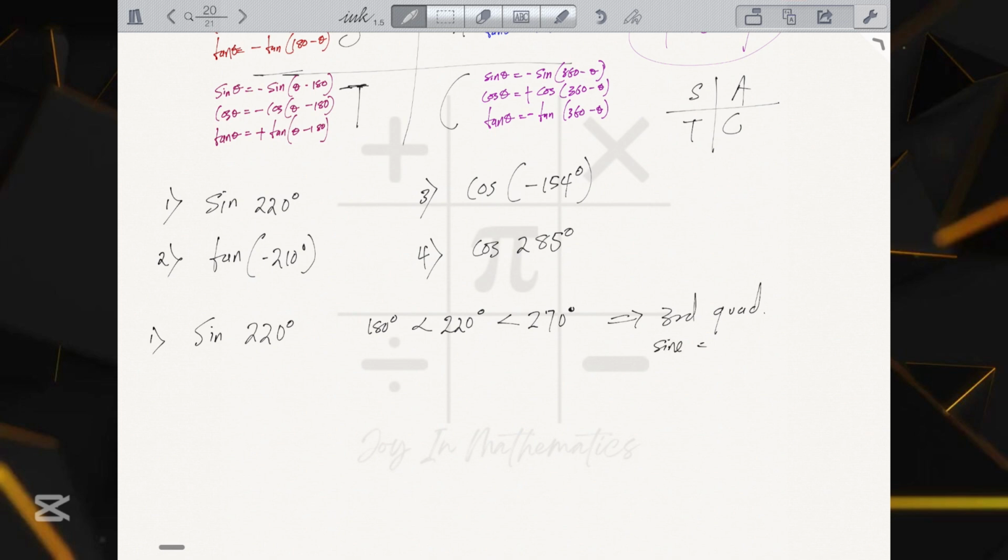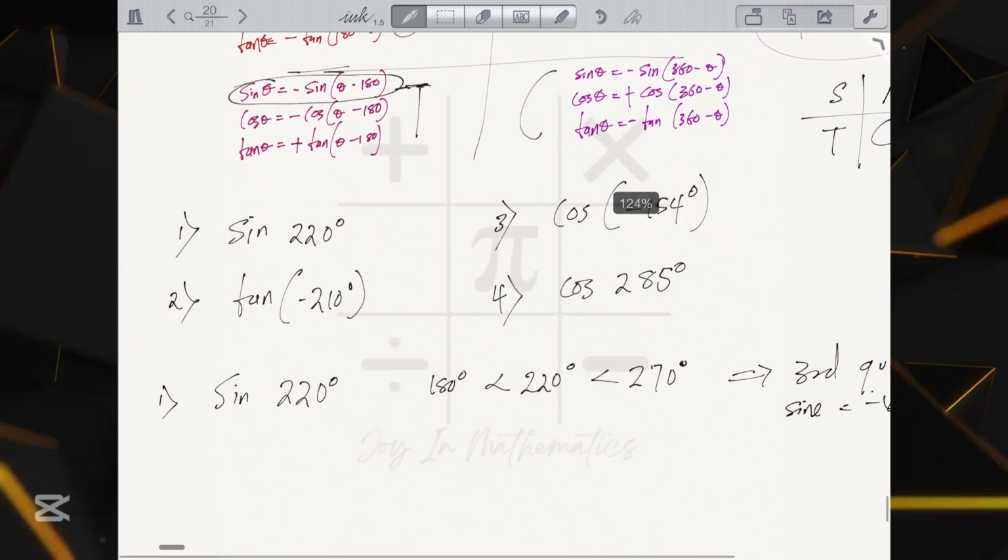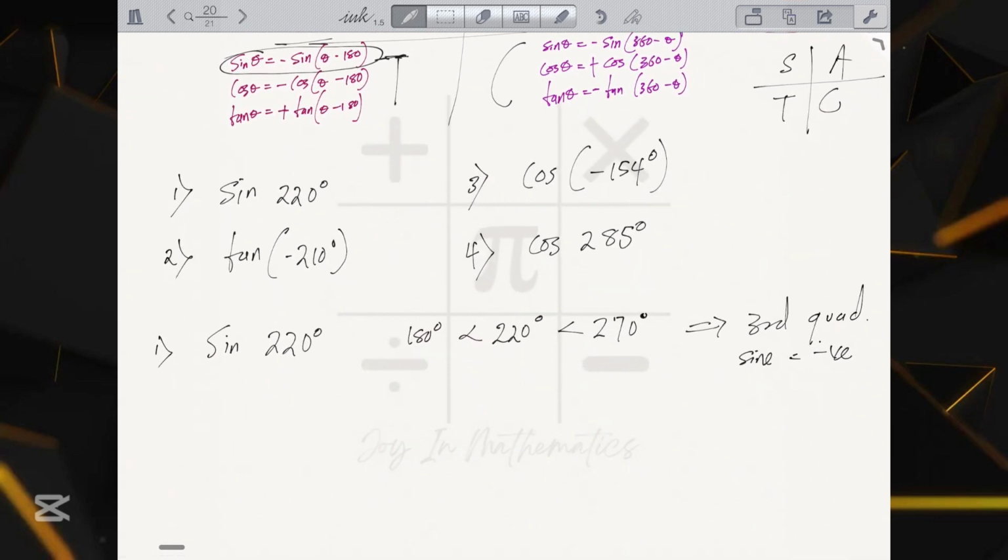sine is negative. So we simply have sine theta, this is the third quadrant, is equal to minus sine of theta minus 180. So let's apply that. Our theta in this case is 220 degrees.